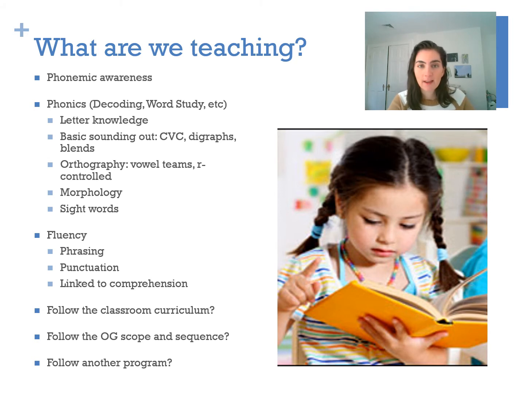As a specialist, you need to decide, and this might be a decision that's made for you from your principal or your reading coach or whoever is your superior. But it's also something that you might be able to choose a little bit for yourself. So are you going to be following the classroom curriculum and giving kids a double dose? Are you following something like the Orton-Gillingham scope and sequence?